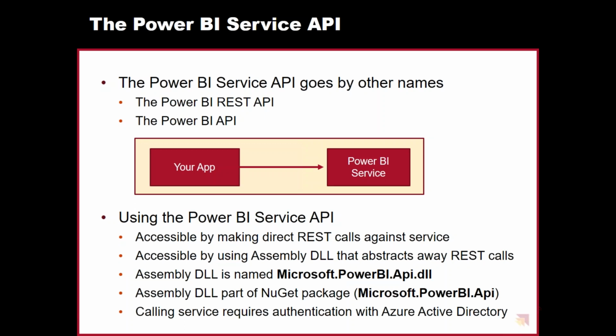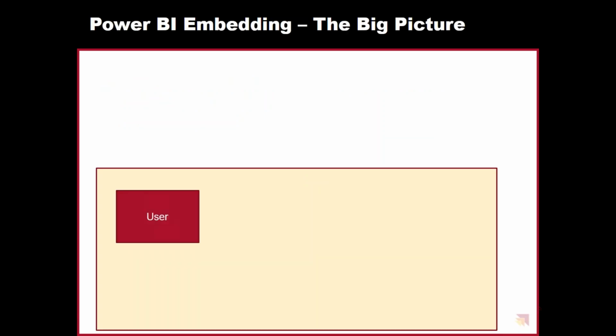Now, calling the Power BI service requires that your application goes through an authentication process with Azure Active Directory. Now, what we want to see is the big picture. Before I get into the weeds, you're going to create this application, and I just happen to pick Visual Studio 2017 and ASP.NET MVC.